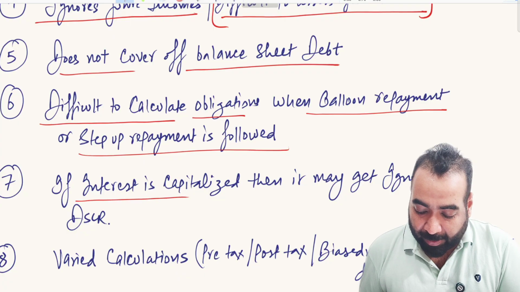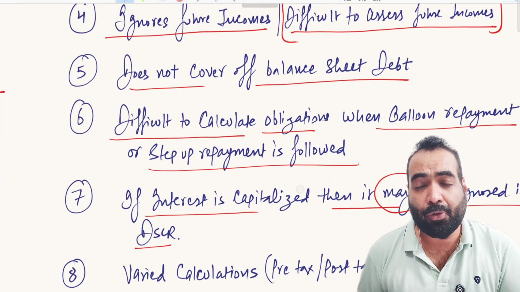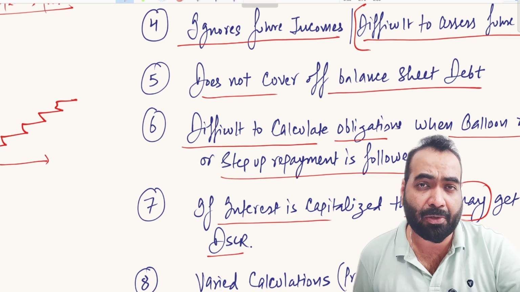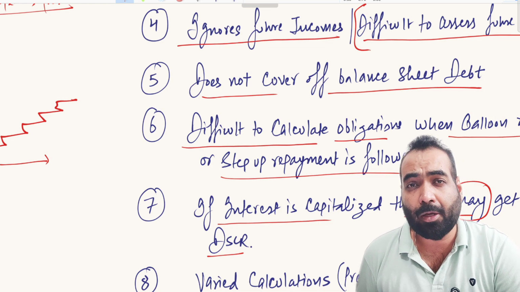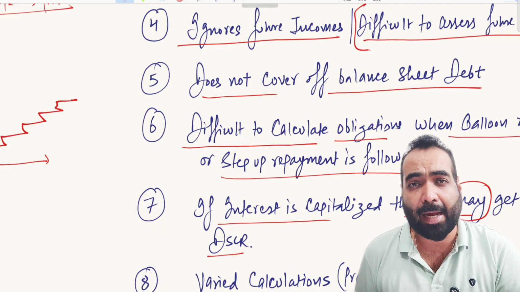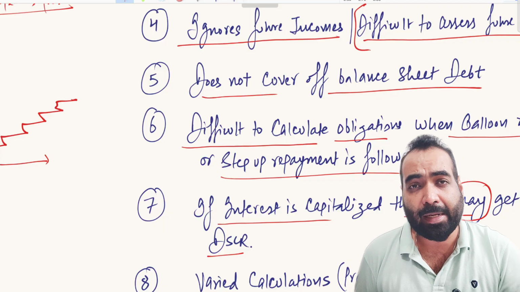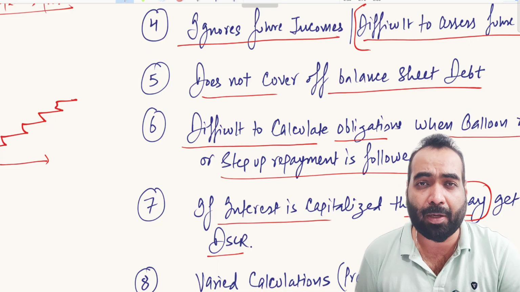If the interest is capitalized, then it may get ignored in DSCR. You know very well that if a building is under construction or a new project is taking place, and the client has taken a loan from the bank to finance that project, the interest amount until the project starts its operation is added to the cost of the asset. Then it gets reflected in the balance sheet itself, added to the fixed assets. It doesn't get debited in the profit and loss account.